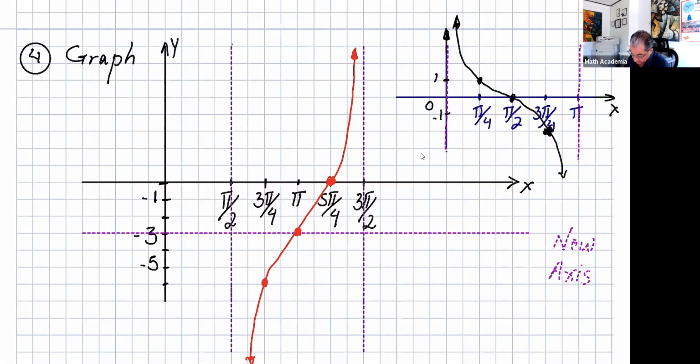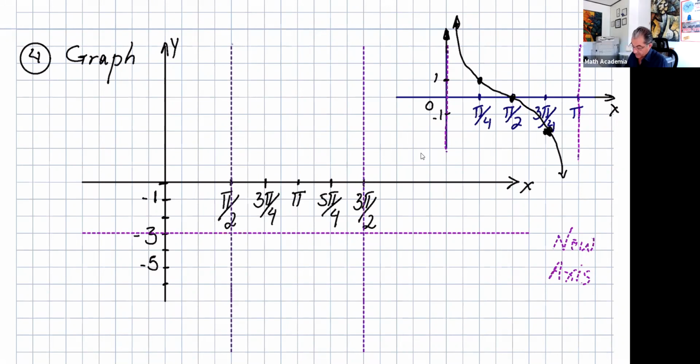And we can fix the graph too. So let's start. And I can graph that for you here so you can see how this works.